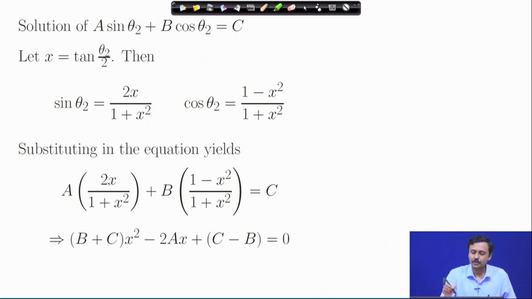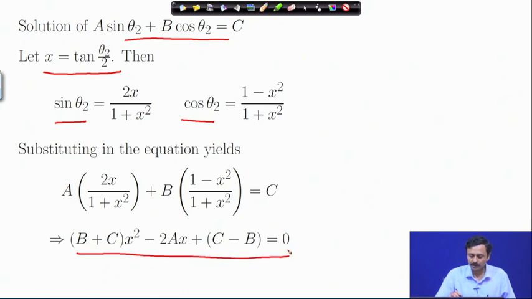So, I substitute here x as tan theta 2 by 2, and I can then express the sin theta 2 and cosine theta 2 in terms of tangent of theta 2 by 2, and we have looked at these derivations. And substituting these forms in the first equation, we get this quadratic equation.